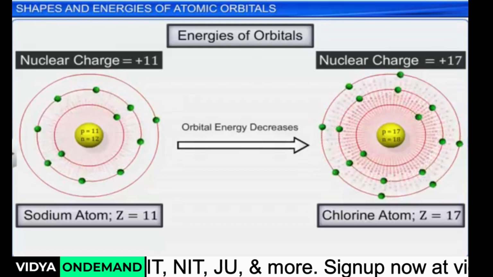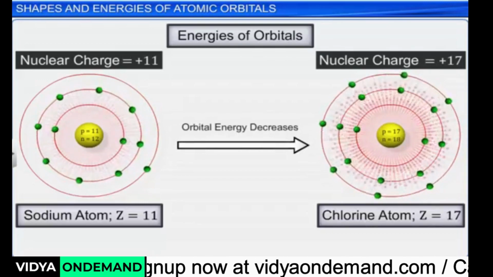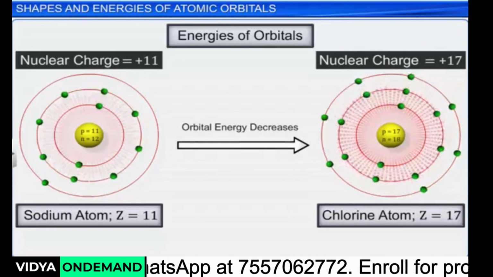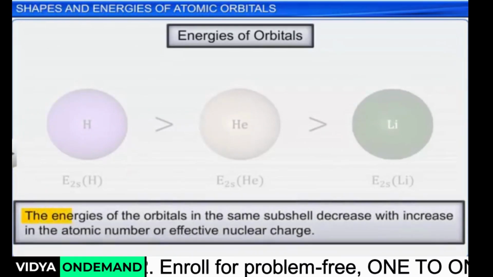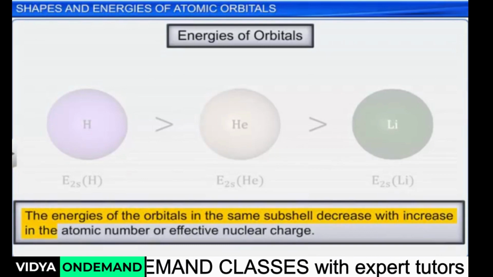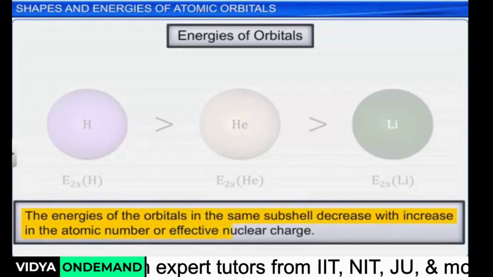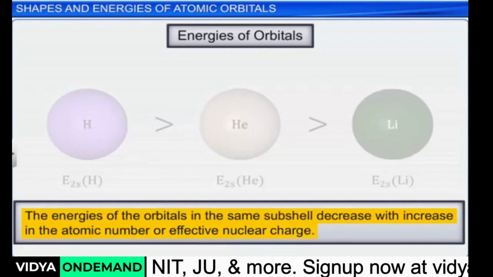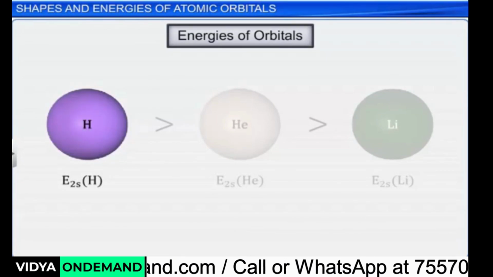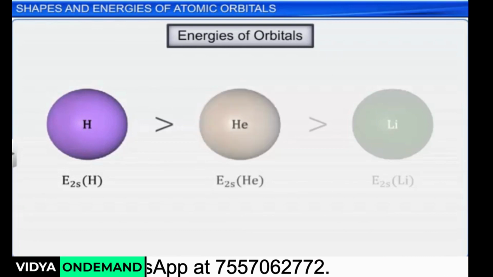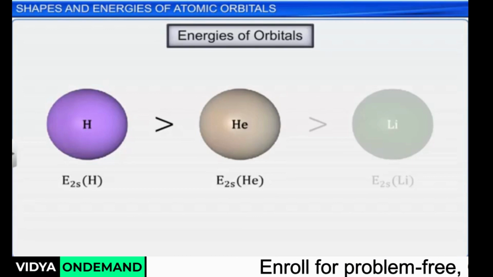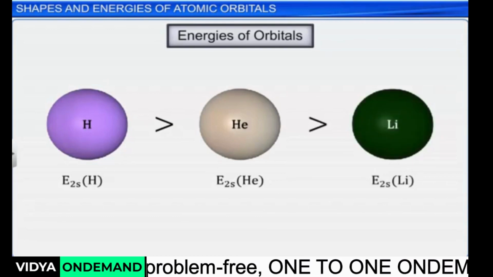The energies of the orbitals in the same subshell decrease with increase in the atomic number or effective nuclear charge. For example, the energy of 2s orbital of hydrogen atom is greater than that of 2s orbital of helium, and that of helium is greater than that of lithium, and so on. That is, E2s H is greater than E2s He is greater than E2s Li.